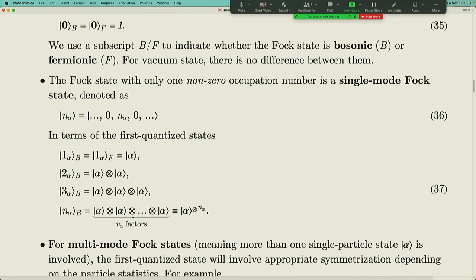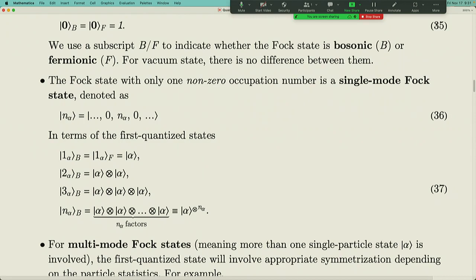And then for the fermionic case, if it is only occupied by a single particle, then the corresponding first quantized wave function is like this, alpha. So this notation means that there's 1 particle occupying the state alpha, and it is in the bosonic subspace.